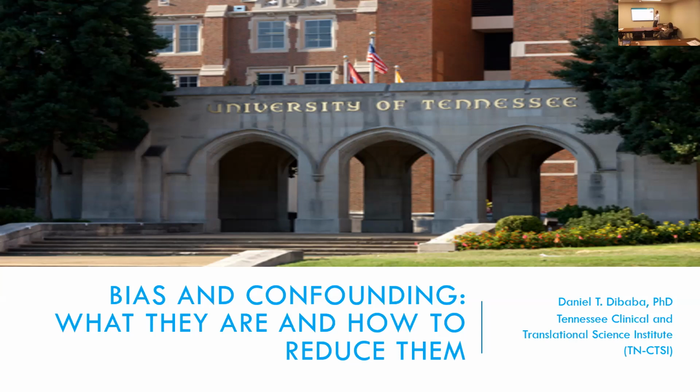Bias can drive the association towards the null or away from the null, where the null means there is no association between the two variables that are being studied. So bias can result in incorrect or invalid association.